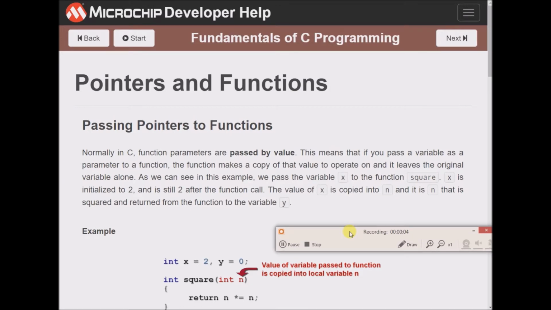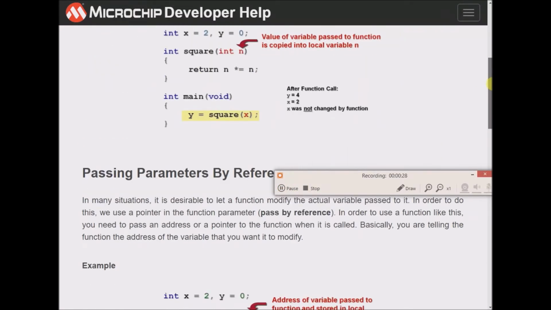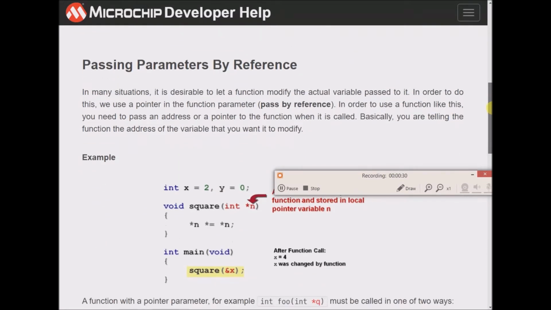In the last video I was experimenting with functions, and so the next step I knew to try was passing parameters through the use of functions. Well, this is pointers, but if I scroll down, it's talking about passing parameters.